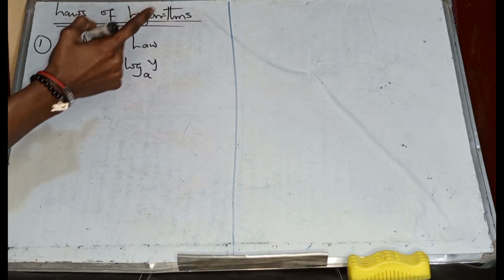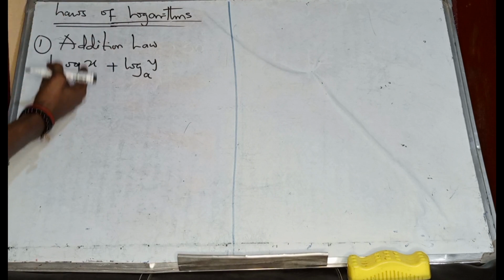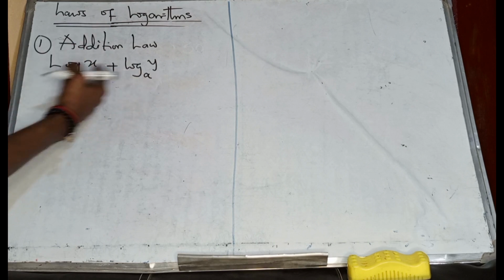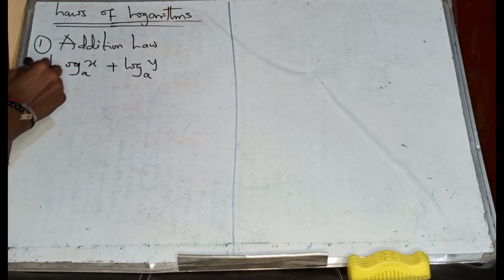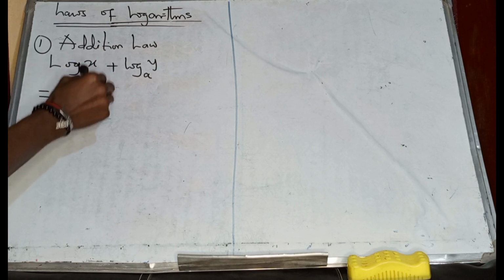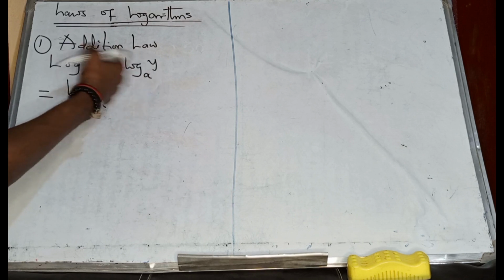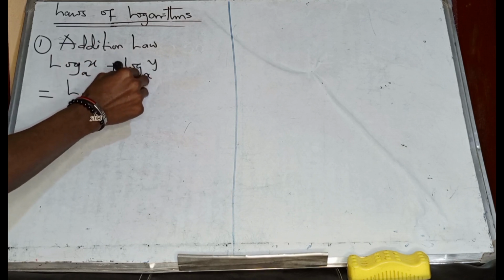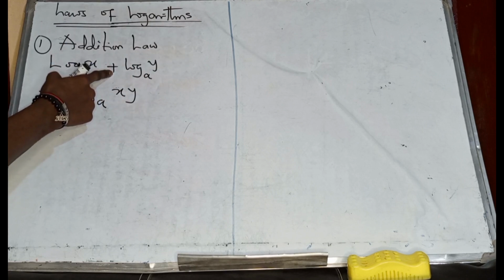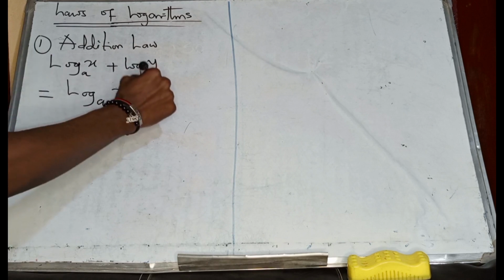According to the laws of logarithm, they both have the same base, which is a, so the law permits us to pick a single log, which is log a. Then we multiply their functions, x times y. In other words, whenever we see addition, we replace it with multiplication. Exactly. So this is done.